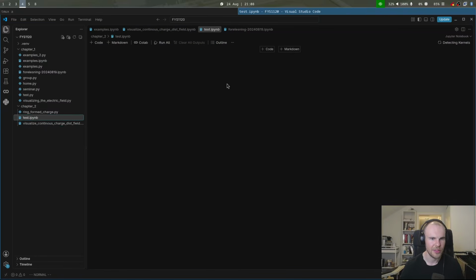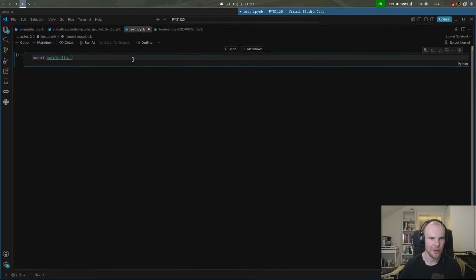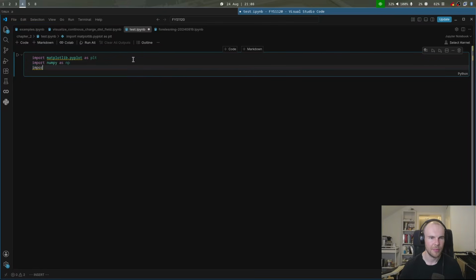So let's just move to this test file. Let's add one code. Okay, so import matplotlib.pyplot as plt, and then import numpy as np.